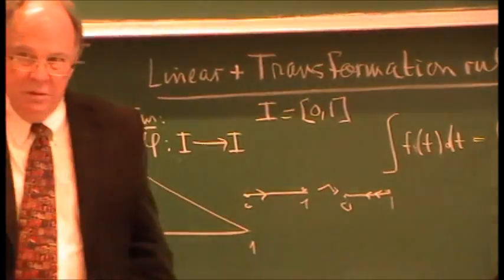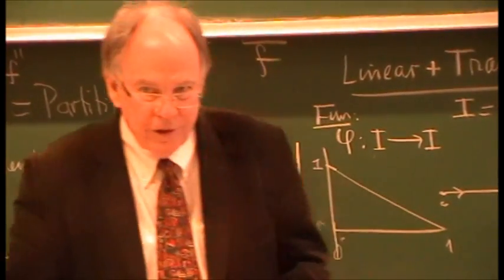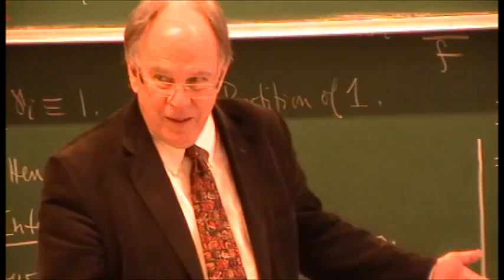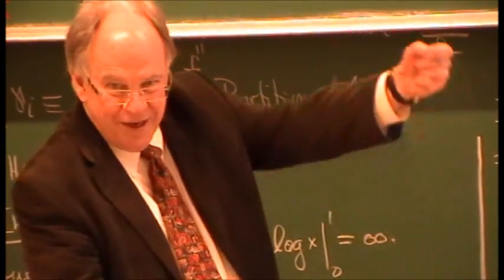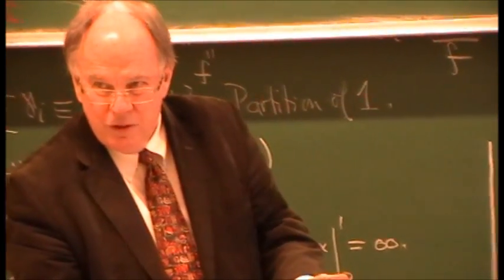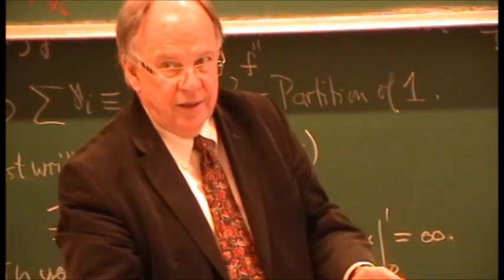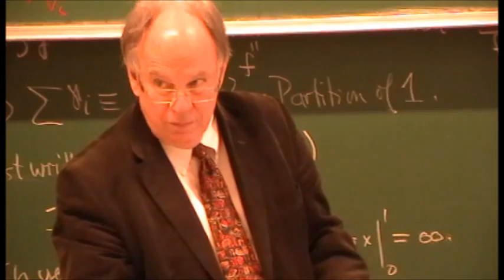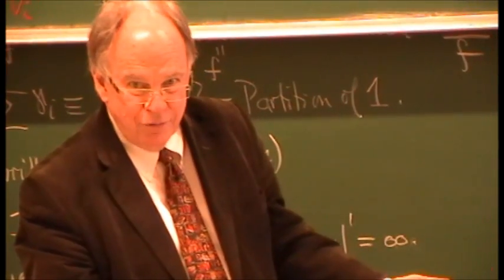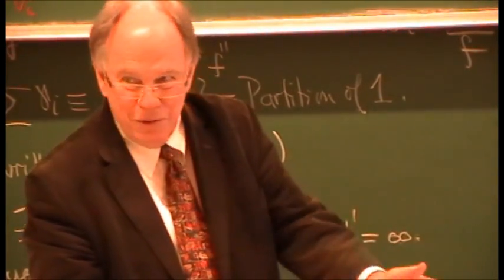Phi reverses the orientation, and if you don't watch out, you'll make a sign mistake. So all of this integration theory has to be done in the context of some orientation. Otherwise, you're going to make a sign mistake.